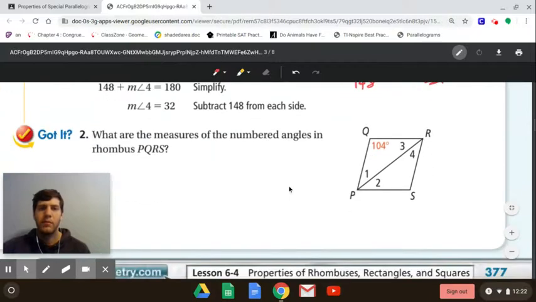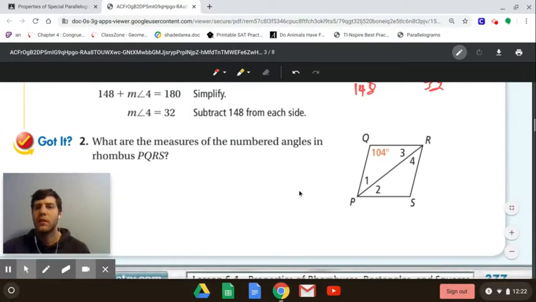Okay. What are the measures of the numbered angles here? So again, we know that all four of these angles are going to be the same. We know that these three angles all add up to 180. So it's a rhombus, so we basically know it's going to be an isosceles triangle.